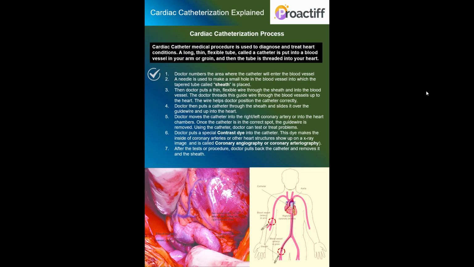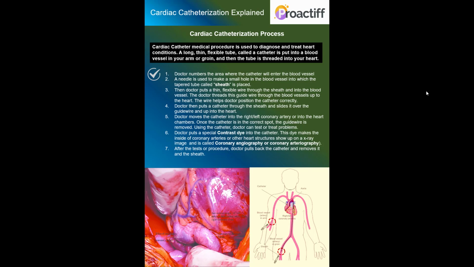So what does the procedure entail? One, the doctor determines where the catheter will enter the blood vessel. Two, a needle is used to make a small hole in the blood vessel into which a tapered tube called the sheath is placed.